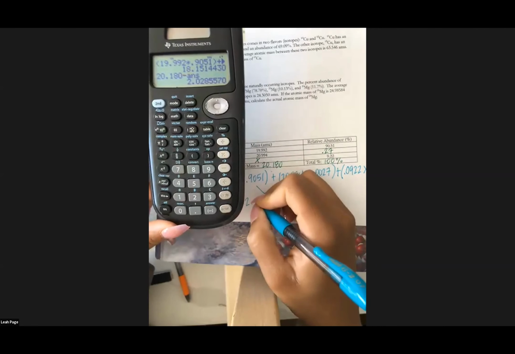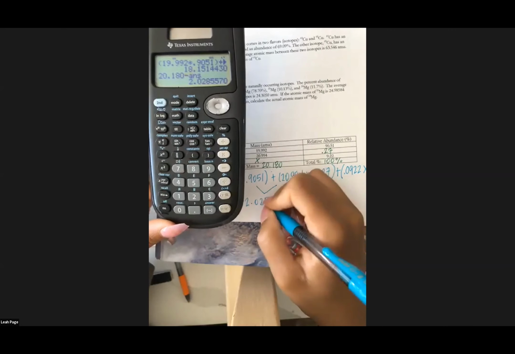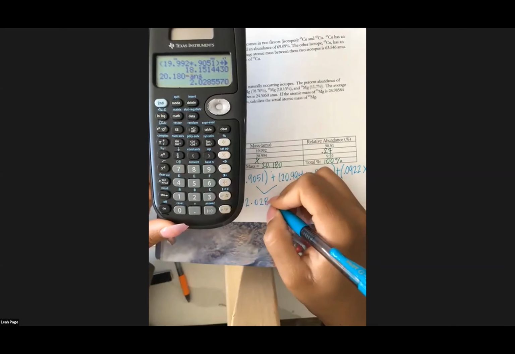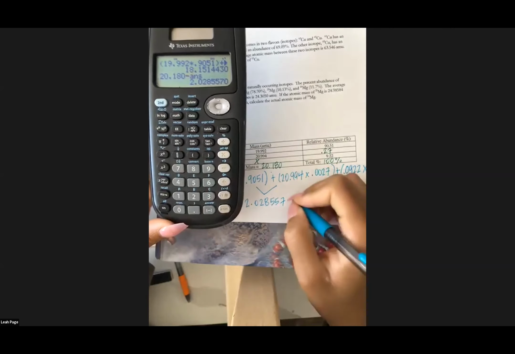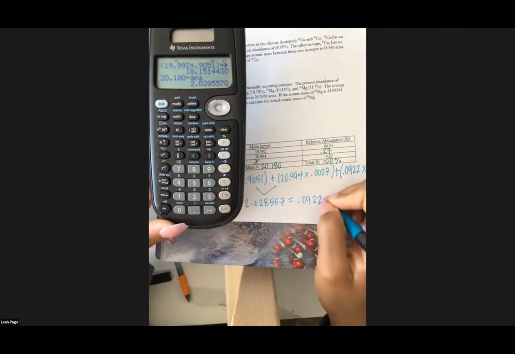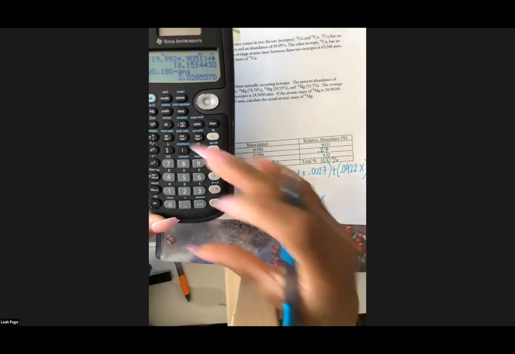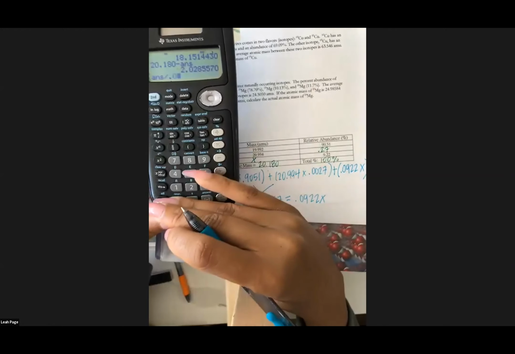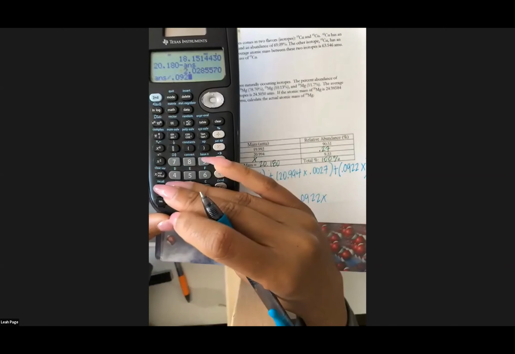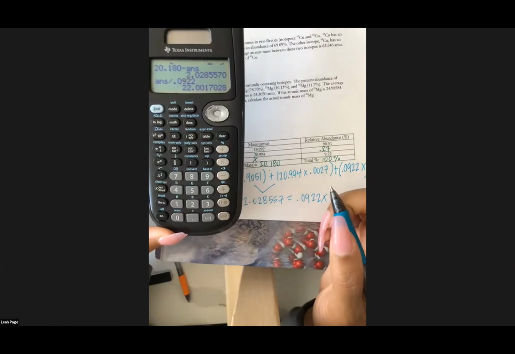And I ended up getting 2.02857 equals 0.0922x. And then I'm going to divide both sides by 0.0922, and I ended up getting 22.00.